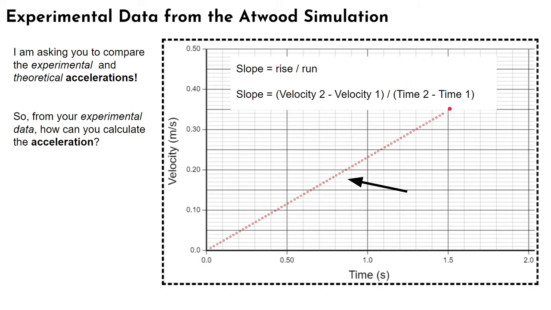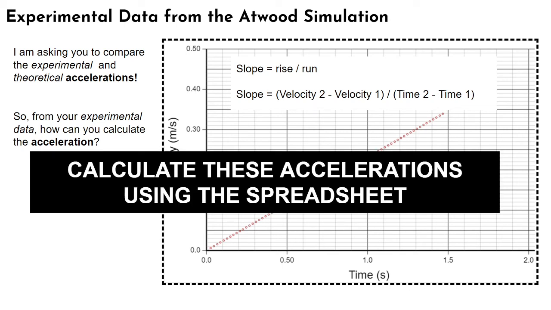This is what I ask you to do in your spreadsheet. So calculate these experimental accelerations using the spreadsheet. I do not want you doing this by hand. I want you to get practice with using spreadsheets, right? This way, you can just plug in a formula once, and it'll calculate the rest for you.